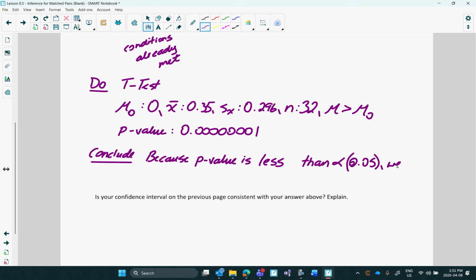We reject H0. We have convincing evidence. Convincing evidence global warming is real.